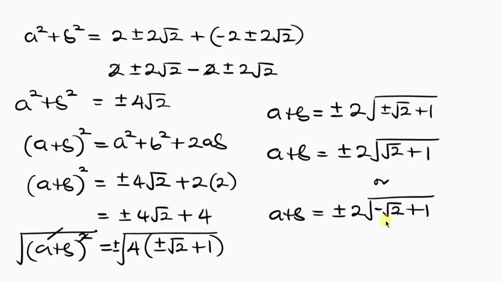So I'm going to be having a complex solution here. So there's no real solution here. But in our first case, this is our real solution, which the question asks us to look for. Remember, there are two answers here: plus or minus 2 times the square root of 2 plus 1.